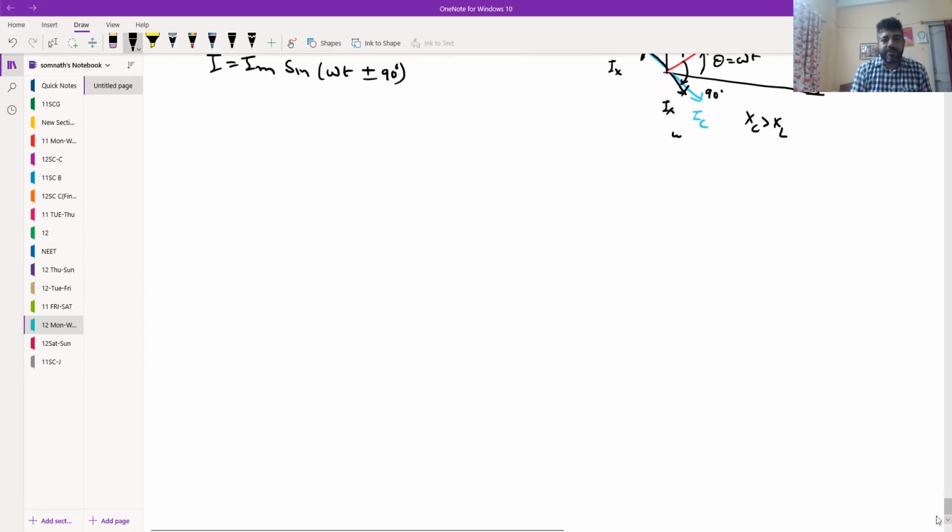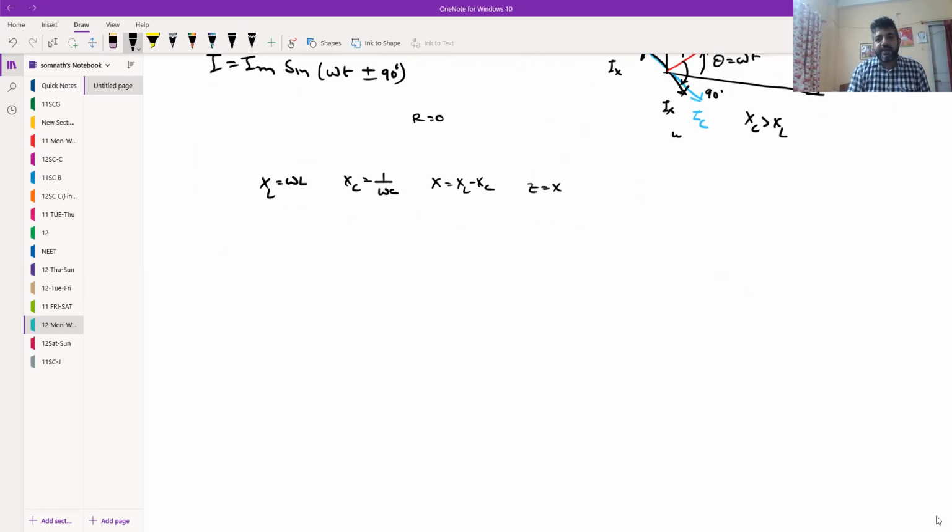If we see XL is omega L, and XC is 1 by omega C, so X is XL minus XC. R is 0, so Z is X, and I maximum is E maximum by Z, which is X. Now once my omega is 0, XL is 0 and XC is infinity, so the difference is infinity.